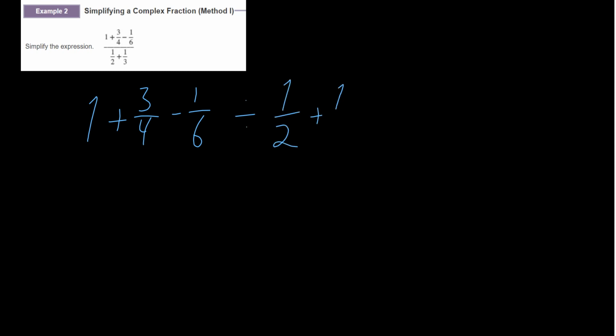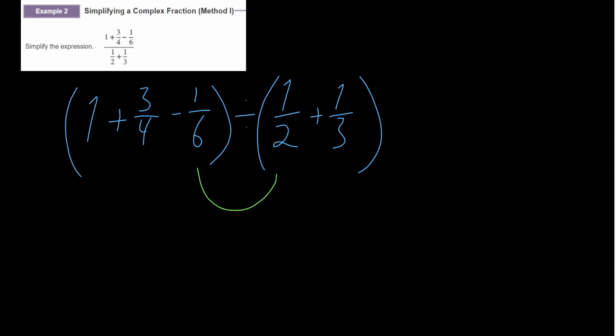It should probably look something like this, that way it doesn't look like it's just the 1/2 and 1/6 being divided, right? If we have something like this, we can't really do anything with it. So instead, we have to get a singular fraction.